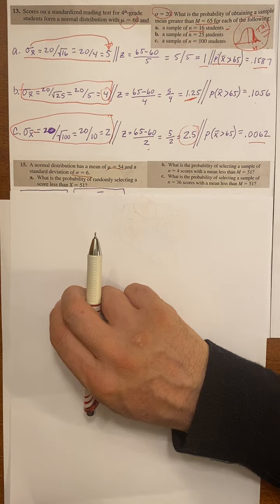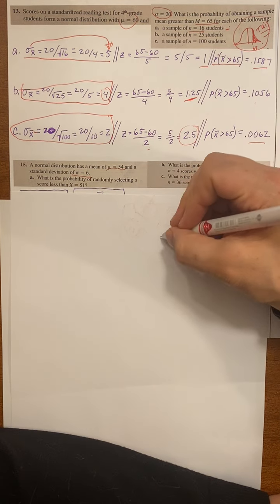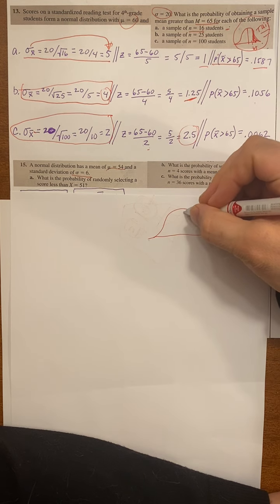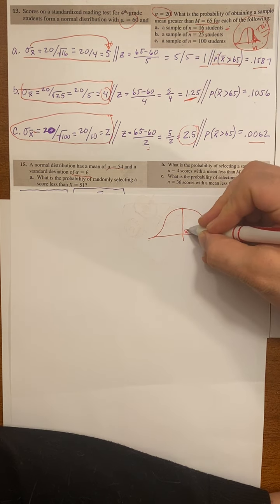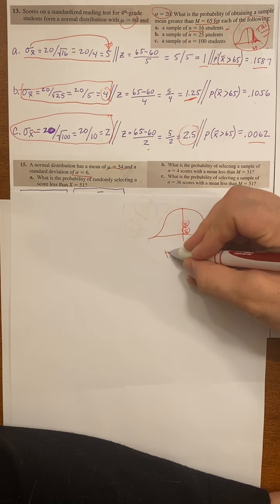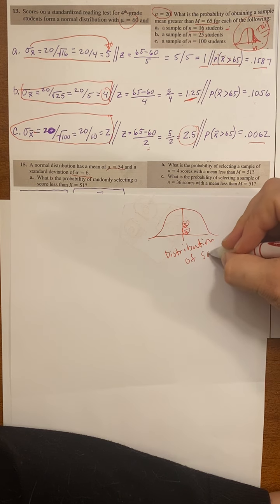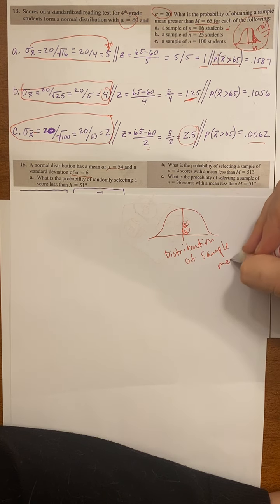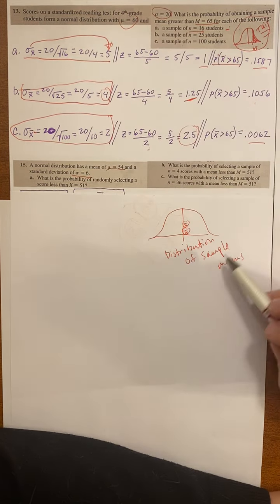Okay, now here is a question that's tricky for us, right? So we've been talking about describing these curves with the sample means in them, right? This distribution of sample means. In this question, though, they actually aren't asking about this yet.